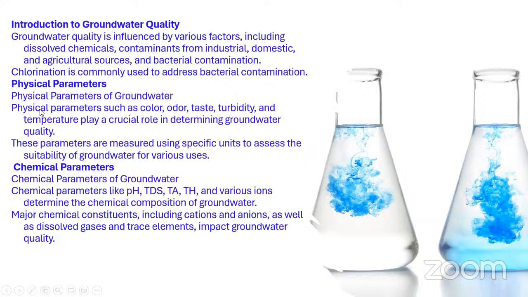These chemical parameters, like dissolved solids, total alkalinity, total hardness, pH, and the major chemical ions, cations and anions, decide the quality of the groundwater. These are the chemical parameters, and those are the physical parameters which affect the groundwater quality.